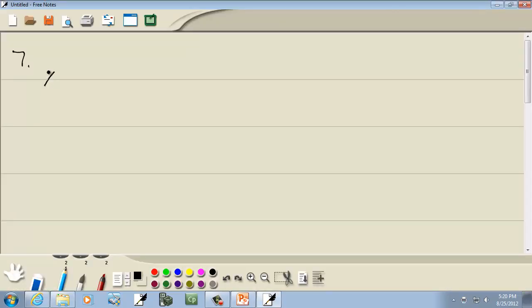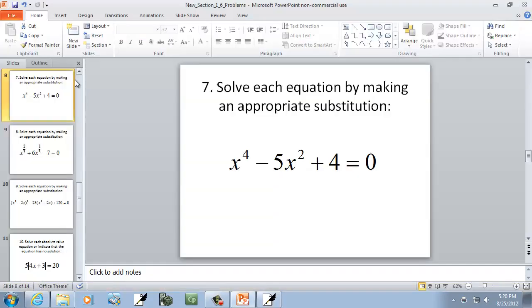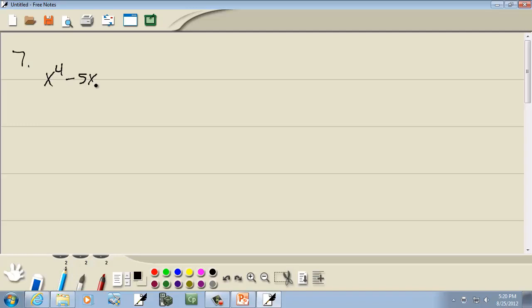So we got x to the 4th minus 5x squared plus 4 equal to 0. And we want to solve this using the U-substitution. Now step 1.